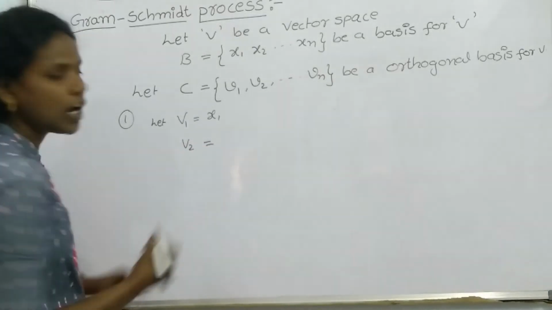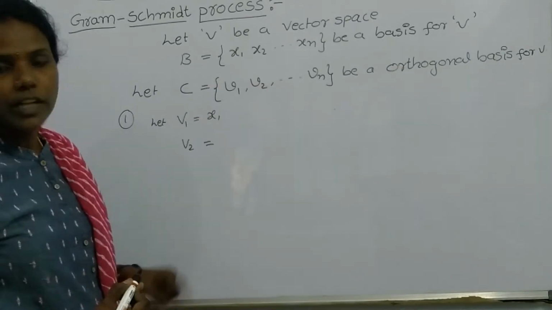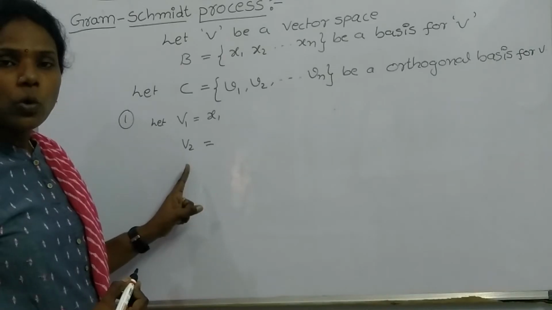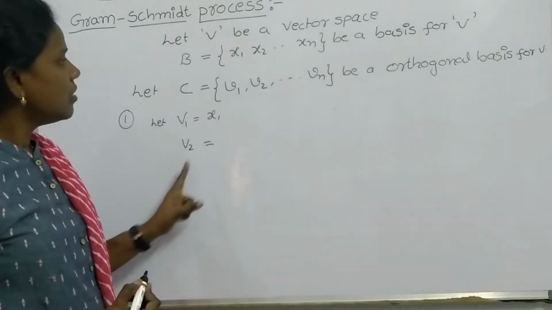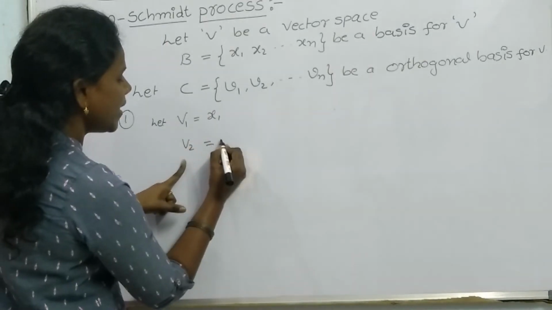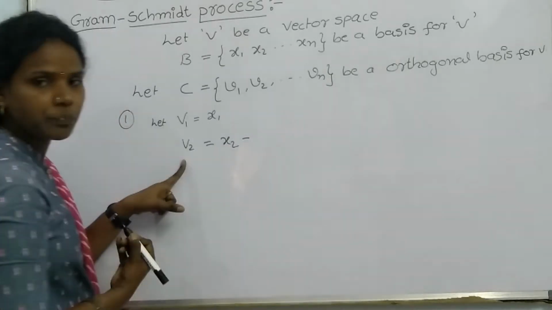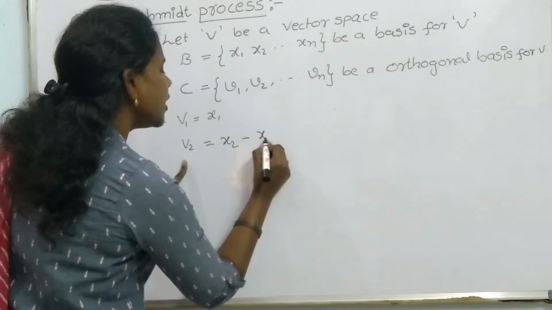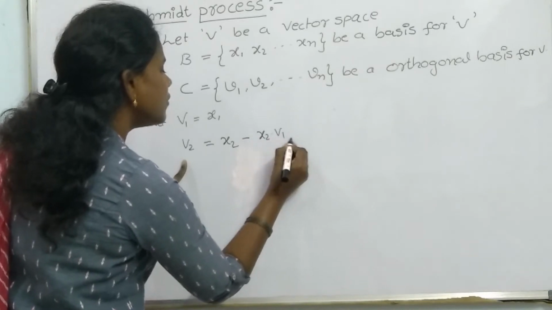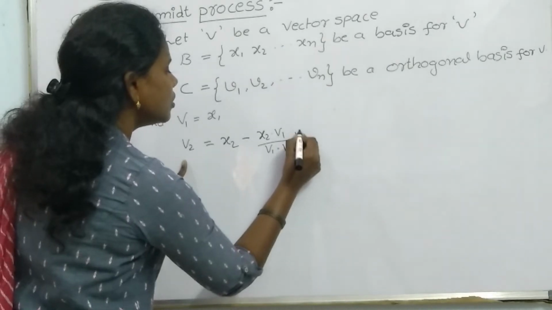We need to find an orthogonal vector to x2. That is v2. So we know the orthogonal projection of x2. According to that, we will write the formula as v2 equals x2 minus x2 dot v1 by v1 dot v1 into v1.